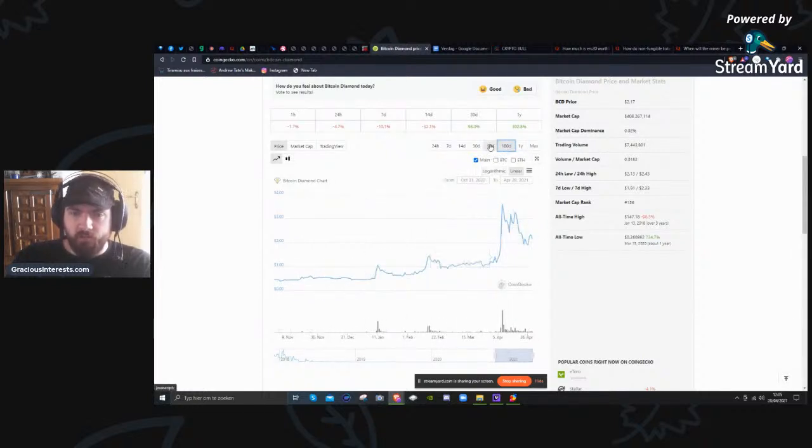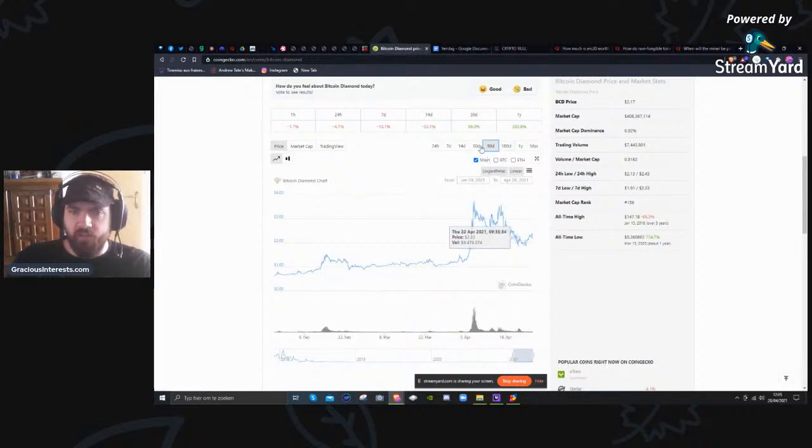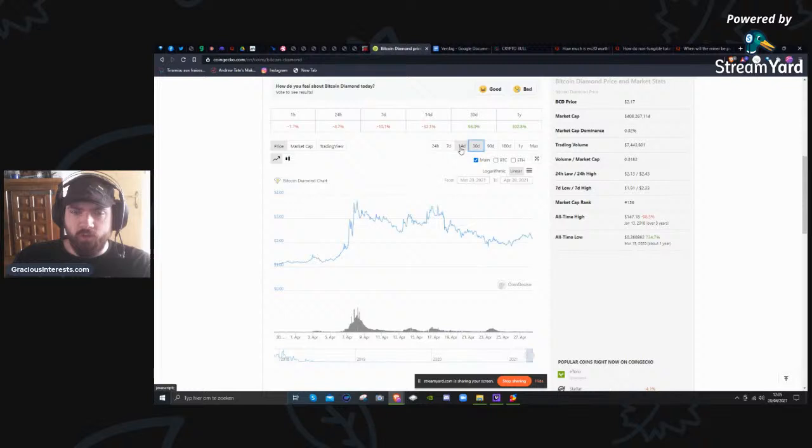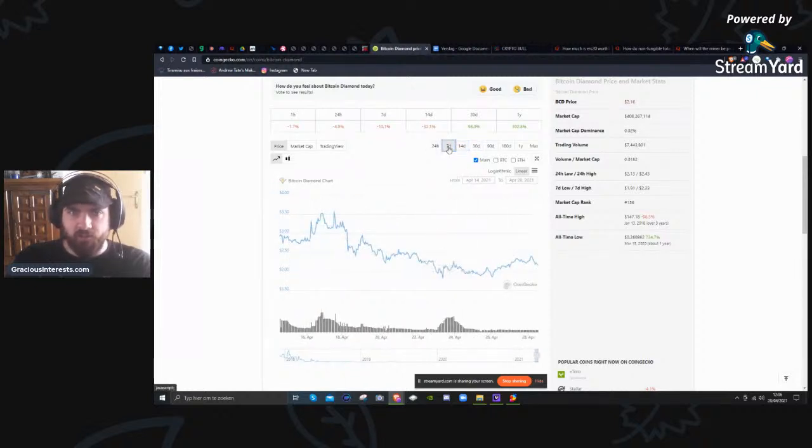So see here, general bullish trend, an upward tick. Here it is remaining relatively stable in the last 14 days. It's even in a downtrend.